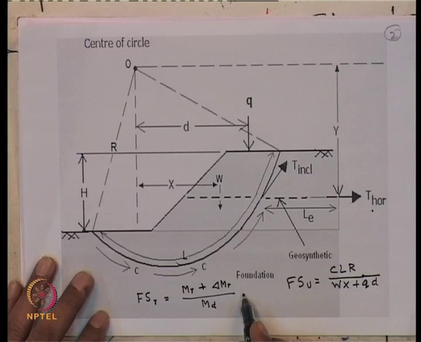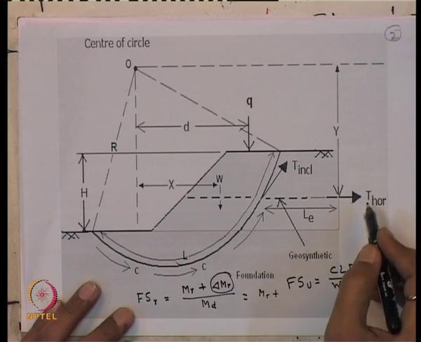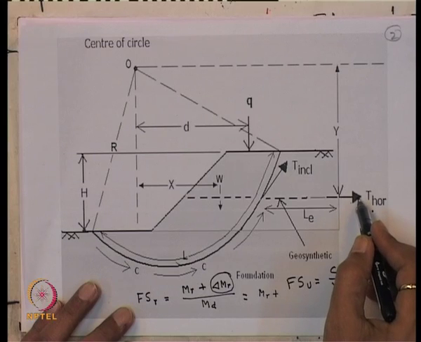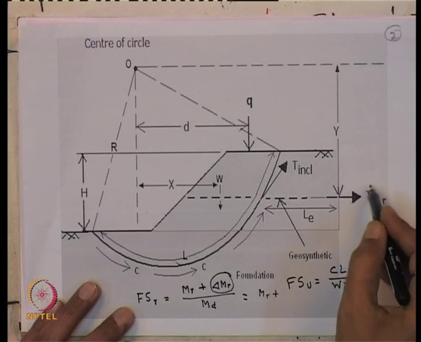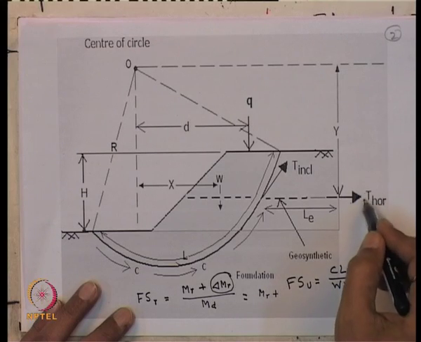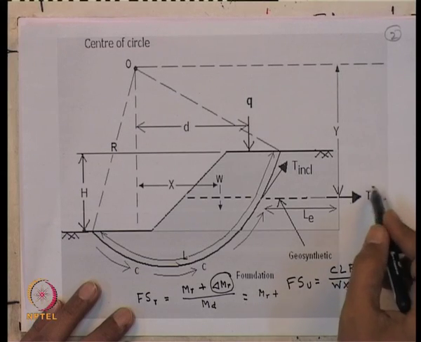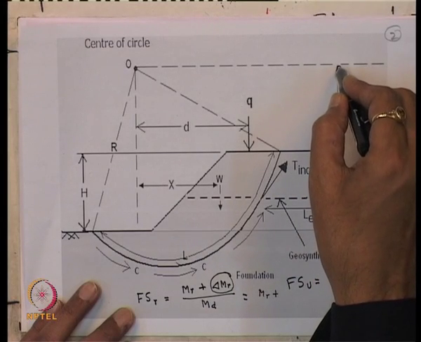So, this factor of safety will be equal to M_R plus this increment due to the introduction of geosynthetic material. This resisting moment is the T horizontal, the geogrid tensile strength, times this distance, if we take moments about the origin.